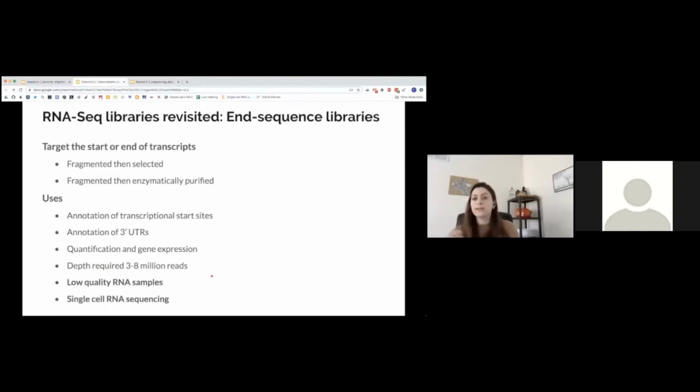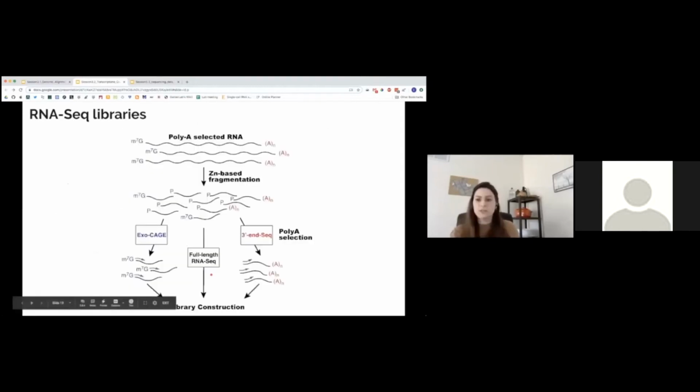It's much harder to get high throughput, full coverage for single cells when you want to sample a large number of cells. But for 3' bias libraries, it's actually quite simple. So this is just to illustrate these three schemes.